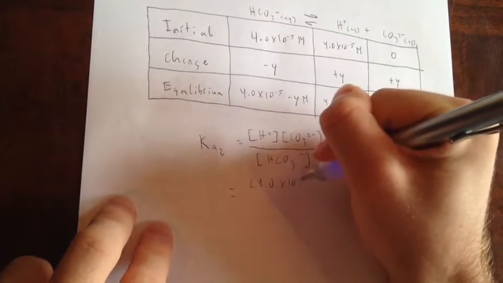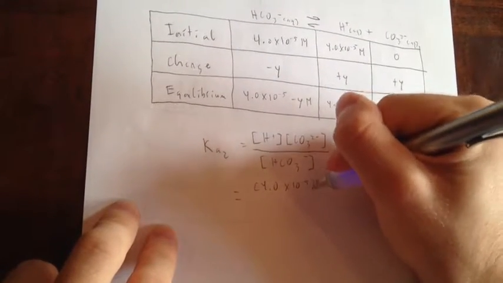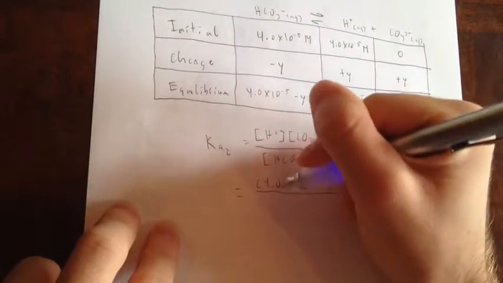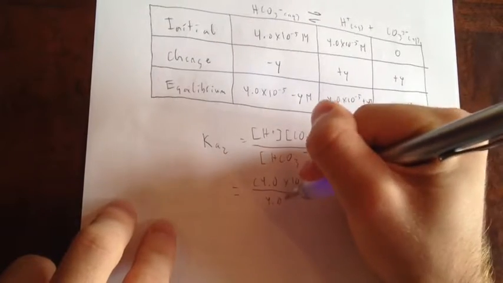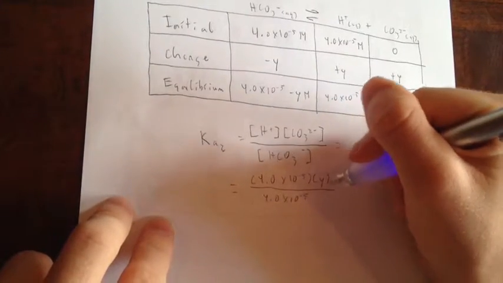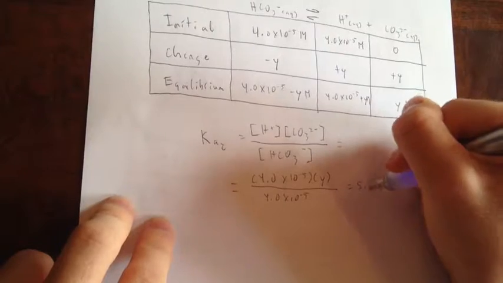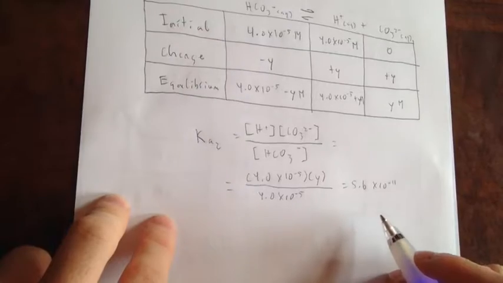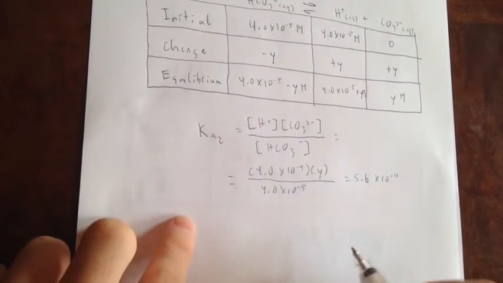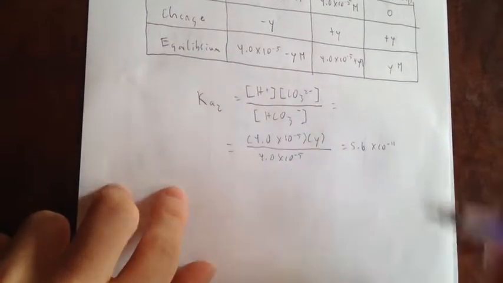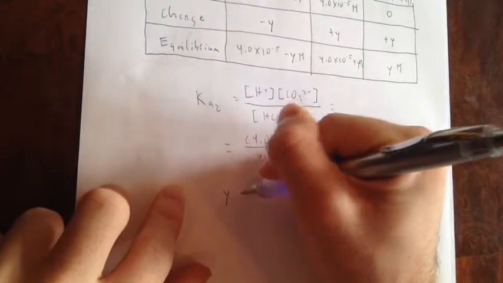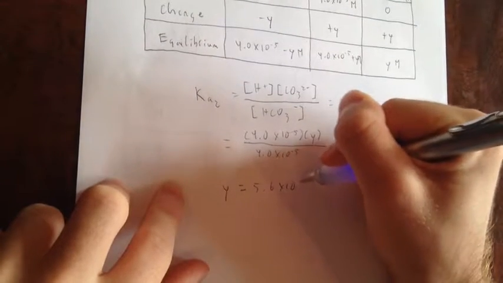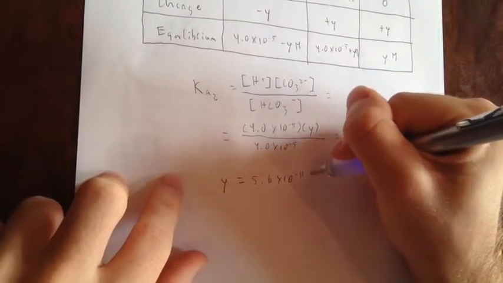The known value for this is 5.6 times 10 to the negative 11th. Again, the y is negligible in the denominator. The y value comes out to be 5.6 times 10 to the negative 11th, since the numerator and denominator values can cancel.